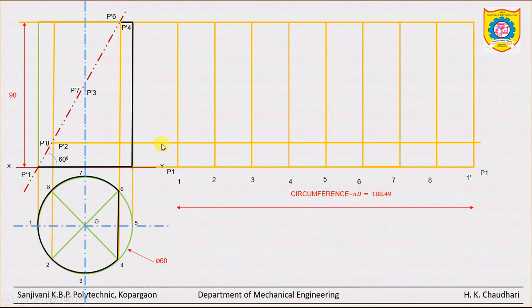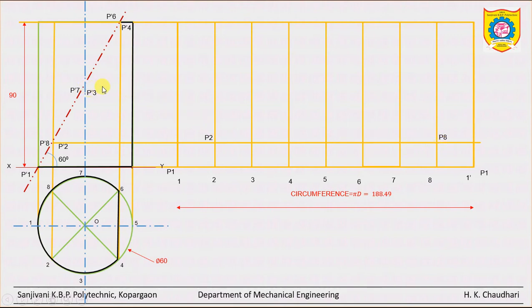Okay. Now the intersection of this second projection and the second division, this point we can name as P2. Similarly, the same line will cut the division number 8 at this point, named as P8.